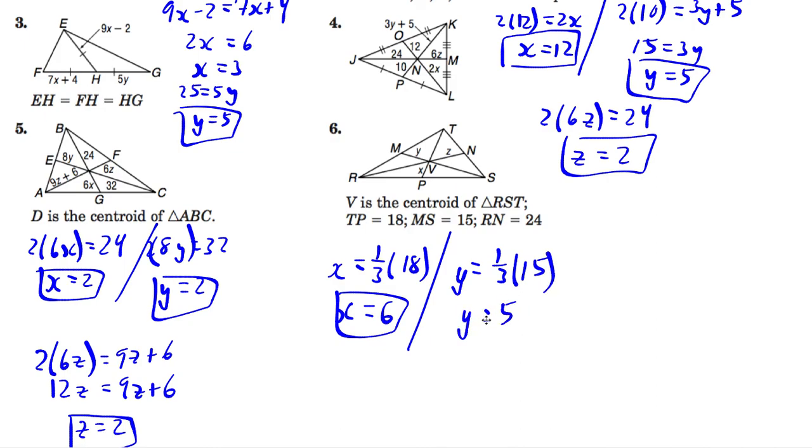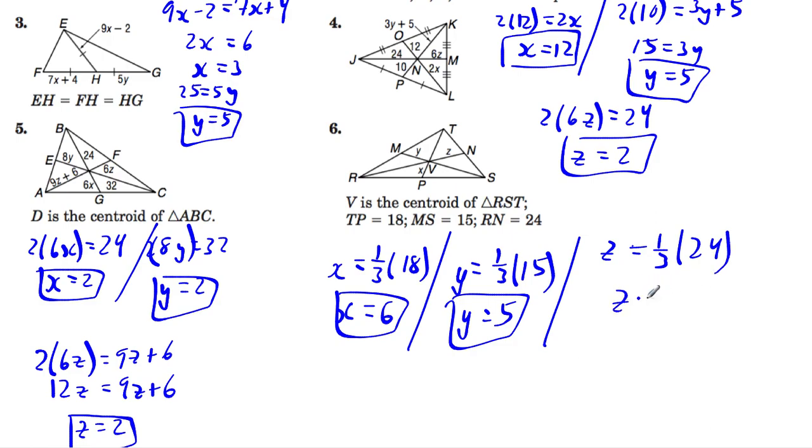So Y is equal to 5. And then RN is 24. So Z is yet again the smaller segment, so that's 1/3 of 24. So Z is equal to 8. And there we go.